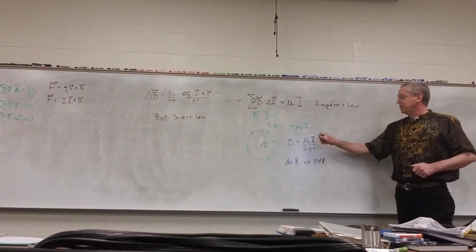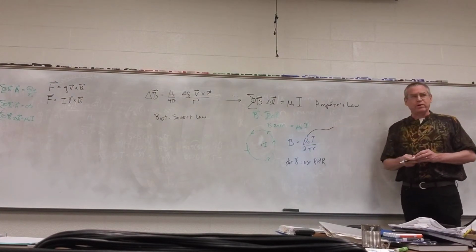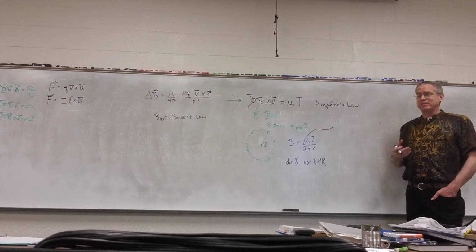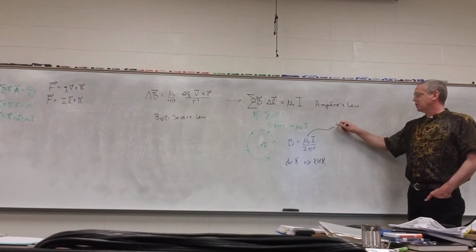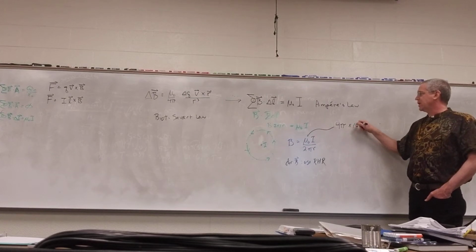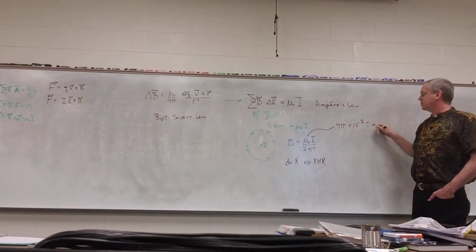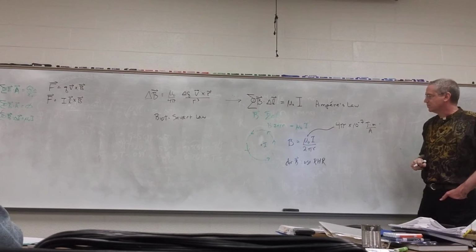All right, mu sub naught. This has an exact value in SI units: 4 pi times 10 to the negative 7th Tesla meters per ampere.